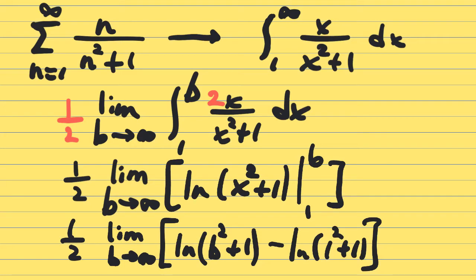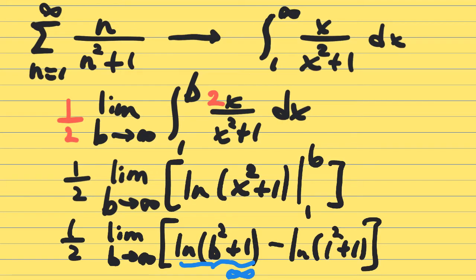Now, because natural log keeps getting larger the larger the value you plug in, this term right here is going to go to infinity. Infinity squared plus 1 is still infinity.